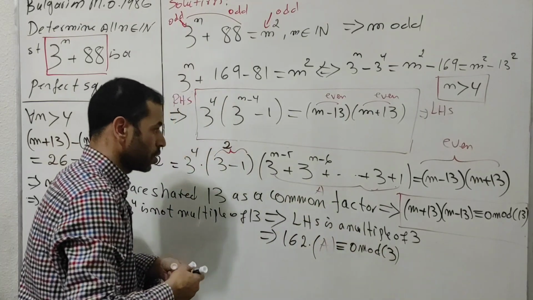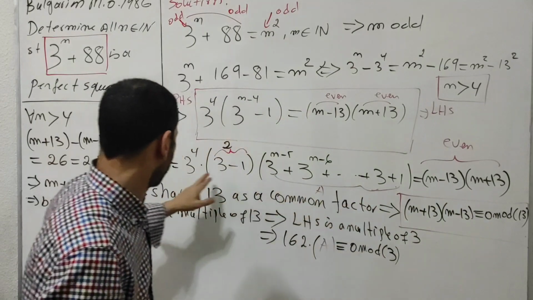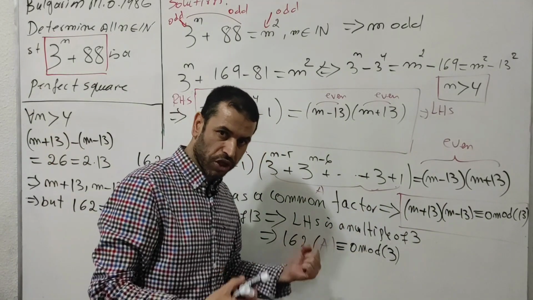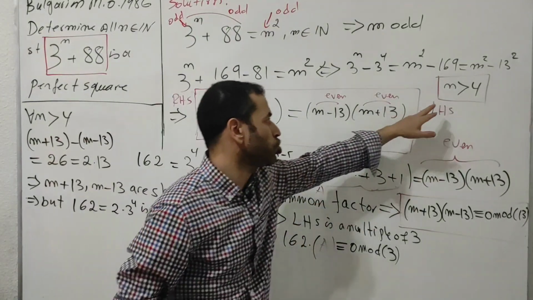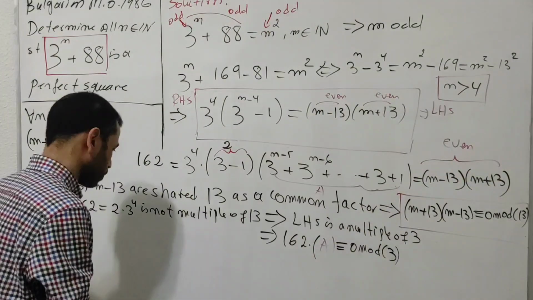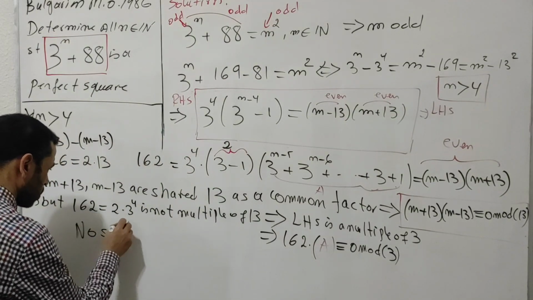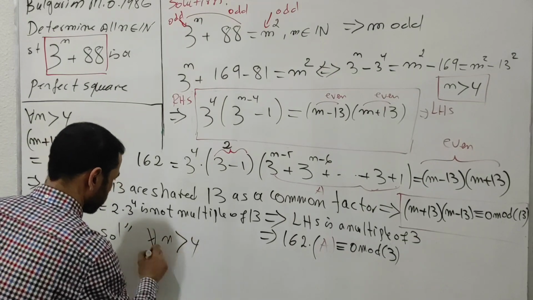Since the right hand side of this equation is a multiple of 13 and the left hand side is a multiple of 3, which is a contradiction, that means we have no solutions of this equation when n is strictly greater than 4. So no solution for all n strictly greater than 4.